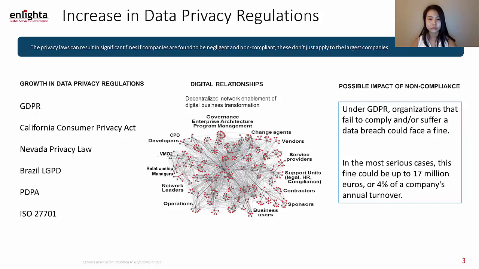I think more privacy laws in the last 5 years than ever before. I mean, we've had the California Consumer Privacy Act, we have had the Nevada privacy law, we've had the LGPD in Brazil, we are hearing about the personal data protection bill in India, and so on. So irrespective of where you are based, it doesn't matter. It matters whose personal data you are processing, and that's the key question.